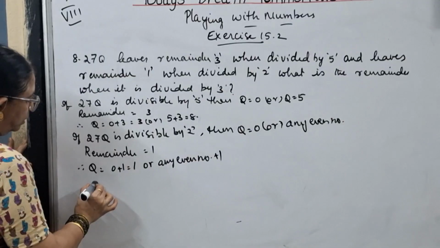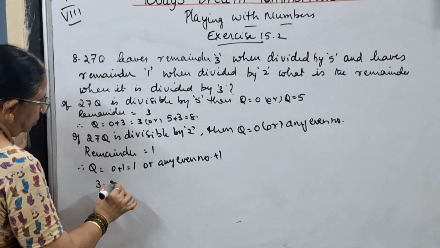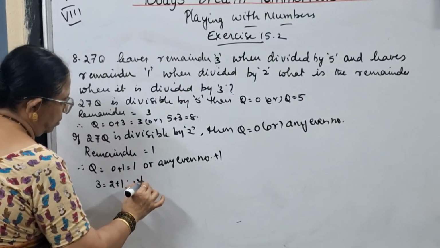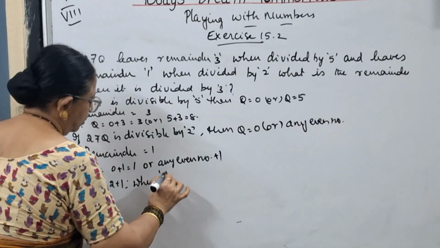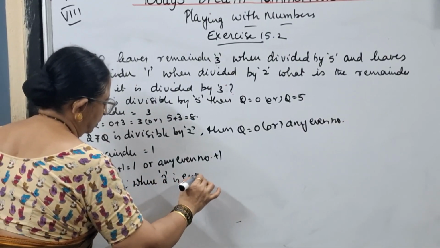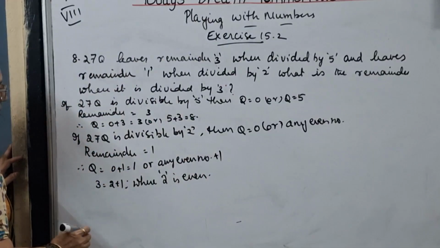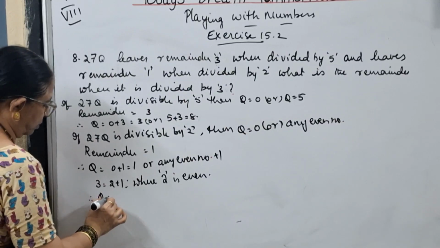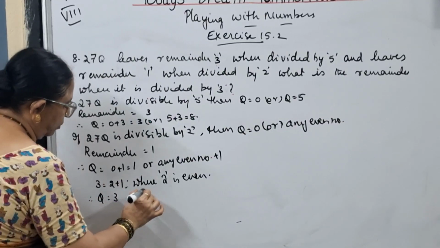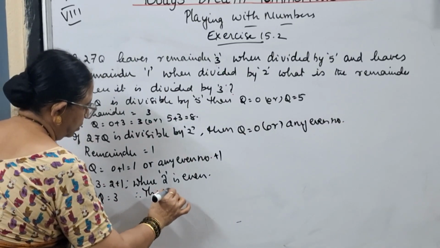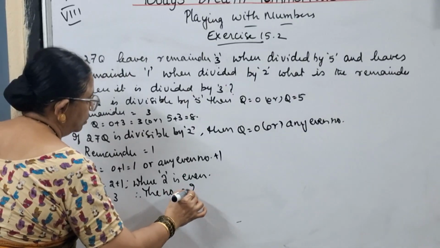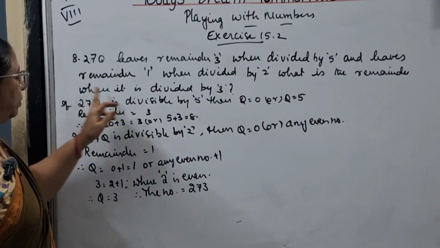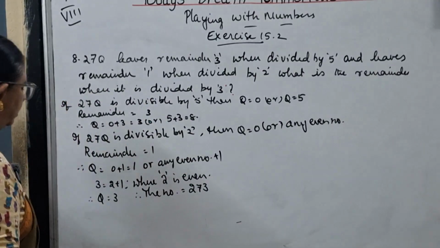Now here 3 can be written as 2 plus 1. 2 is an even number. So even plus 1 you can get 3. Therefore q is equal to 3. Therefore what is the number? The number is equal to 273. Now the question is, when divided by 3, what is the remainder?